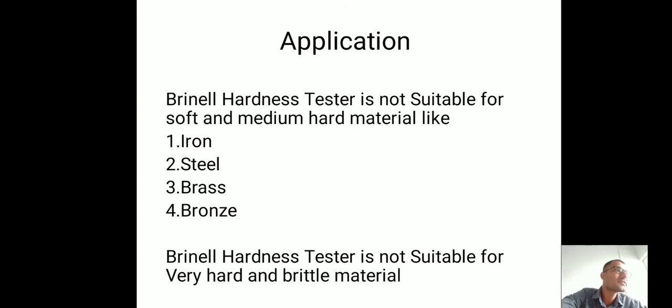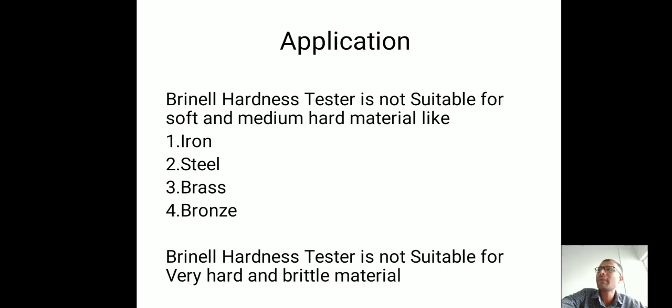For that case, a second type of hardness tester is there, called the Rockwell hardness tester. So in the next lecture we are going to discuss how that Rockwell hardness tester actually works practically.